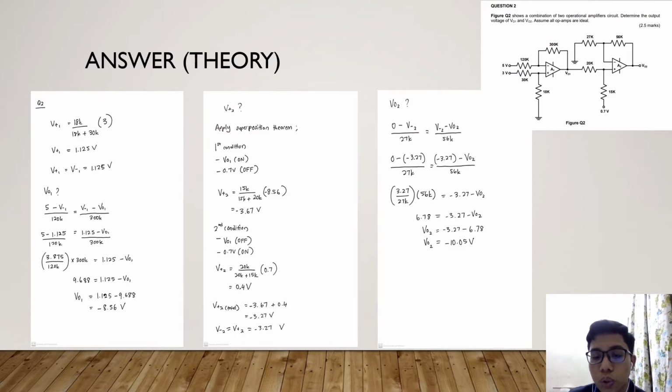Just substitute the value of V minus 2 with negative 3.27, since V minus 2 is equal to V plus 2. After we substitute the value, we get the result that V output 2 is equal to negative 10.05 volt.